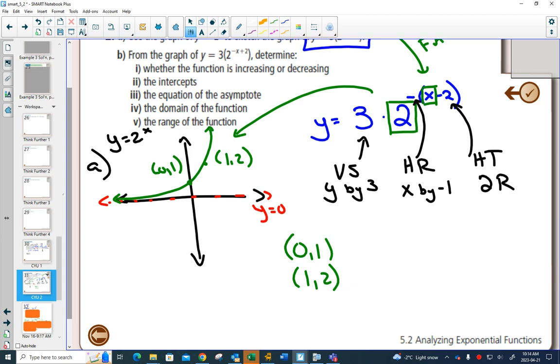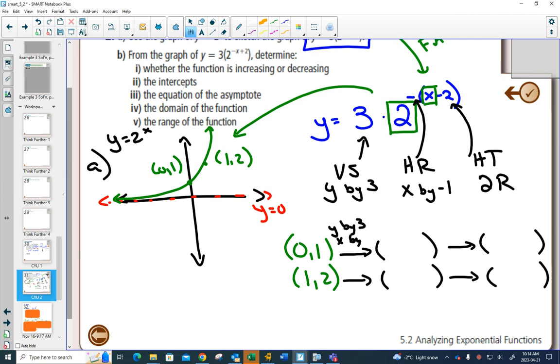Then we drew arrows. And in our arrows, we always did our stretches and compressions first. So in this case, it would be y by 3 and x by -1. And then our translation second, that'll be 2 to the right. And then just did the mental math to do this.